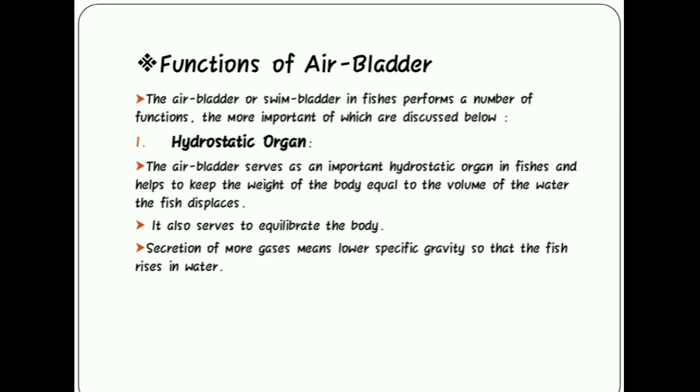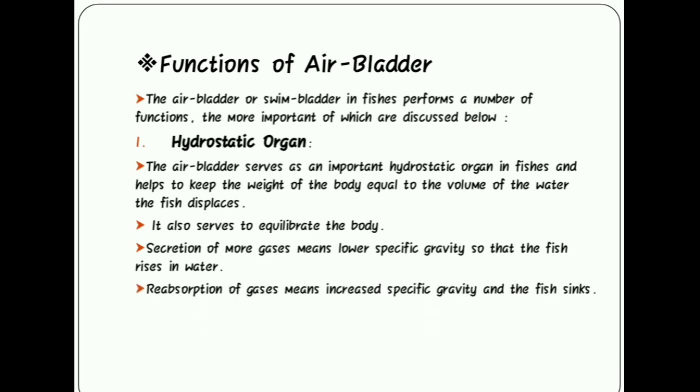Now we discuss the air bladder structures. In the anterior chamber there is a secretion of the gas. Secretion of more gases means lower specific gravity of the fish body, so the fish rises in water. Reabsorption of gases means increased specific gravity, and the fish sinks. The reabsorption of gas is by the posterior chamber of the air bladder.